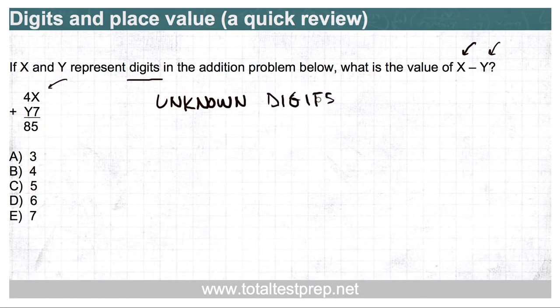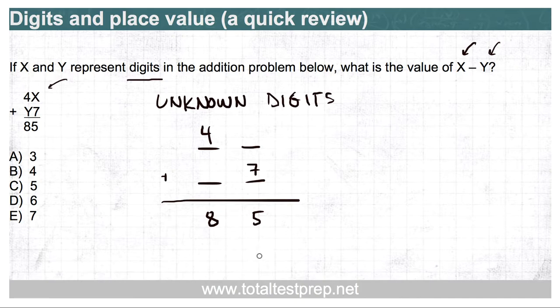When you're given a question where they give you variables for the digits or they don't tell you what the digits are, a good way to do it is to set out dashes and then test out cases. So we know that we're dealing with a two-digit number up top that's 40 something, and a 2-digit number at the bottom that ends in a 7. We know that when we add these, we wind up with 85.